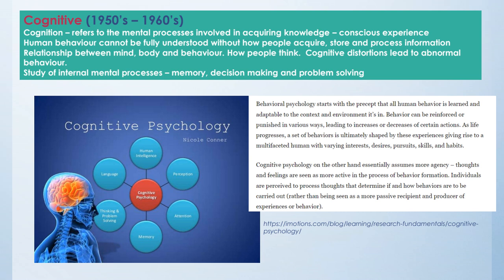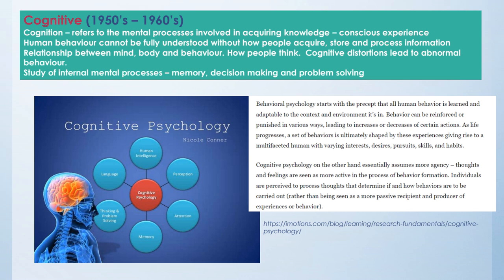So the cognitive perspective really talks to those mental processes that we spoke about. It talks about our mind acquiring knowledge, and is very much based around our conscious experiences. They say that human behavior can't be fully understood without understanding how people acquire, store, and process information. So there's very much a relationship between what is going on in the mind, the body, and the behavior.